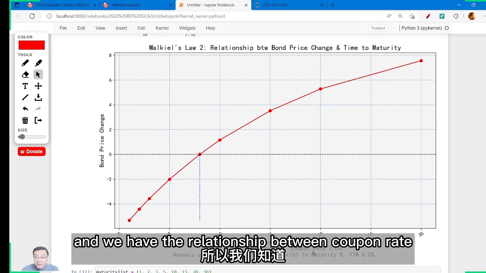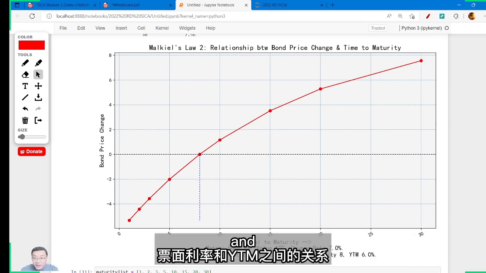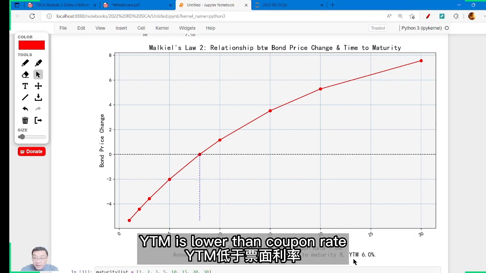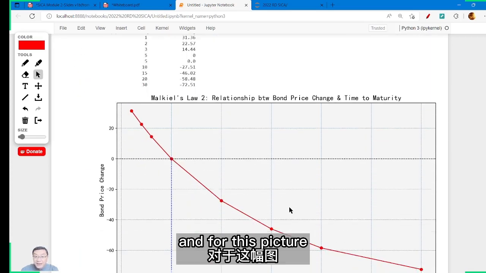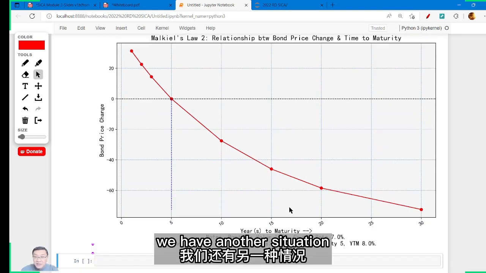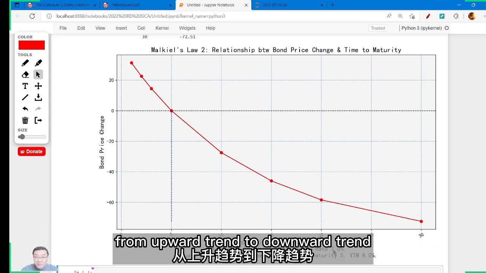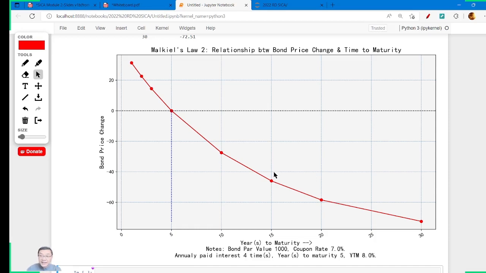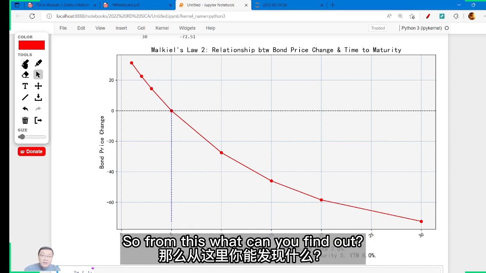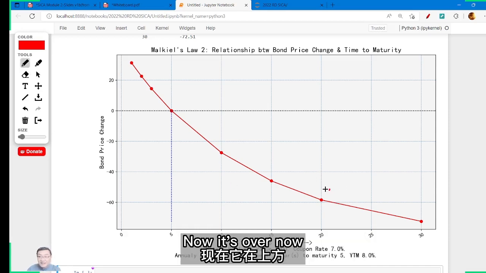And we had the relationship that YTM is lower than coupon rate. For this picture, we have another situation: YTM is higher than coupon rate. And then the curve changes from an upward trend to a downward trend. So from this, what can you find out? Now it's downward.